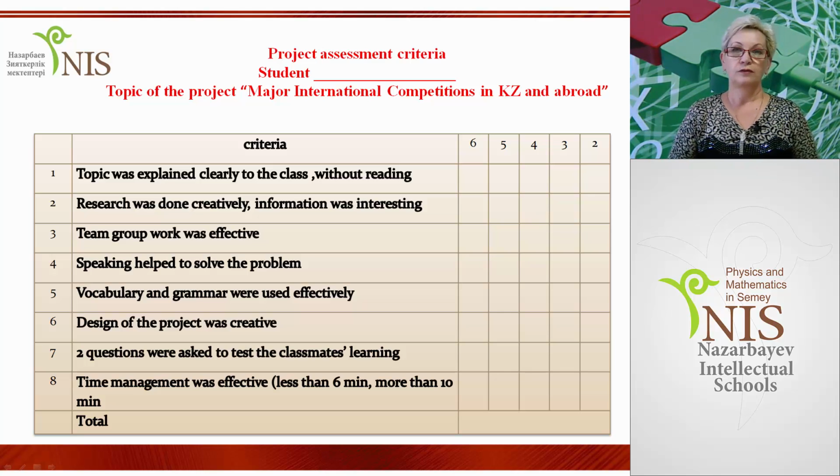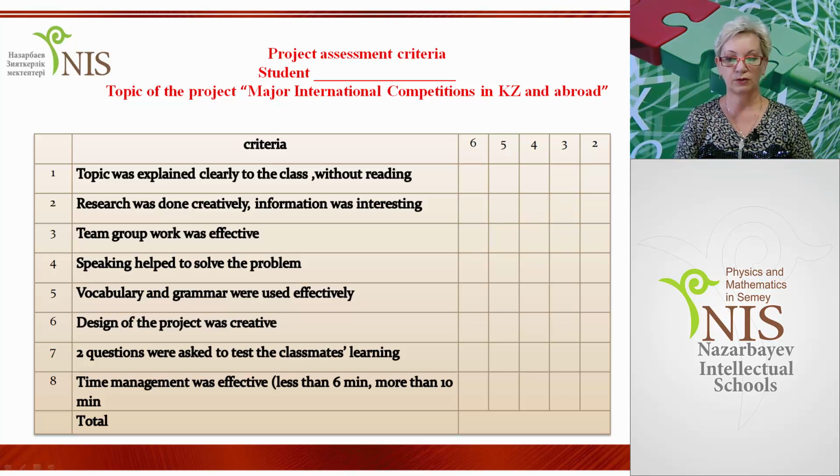on the following criteria. Number 1, you will be given 6 points as the highest score. Topic was explained clearly to the class without reading. Research was done creatively and information was very interesting. Team group work was very effective. Speaking helped to solve the problem.